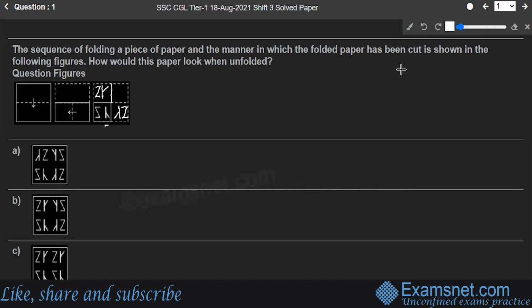And Y like this. Over here, a Y like this and a Z like this. So this is the figure when the paper will be unfolded, and it matches exactly with option B. So we got our answer. Option B is the correct answer to our question. Hope you are clear with this. Then let's move to the next question.